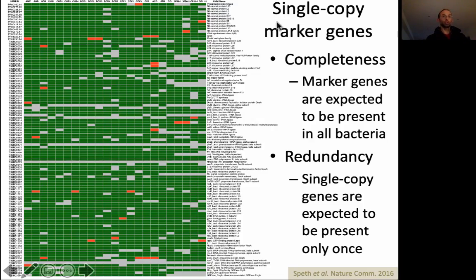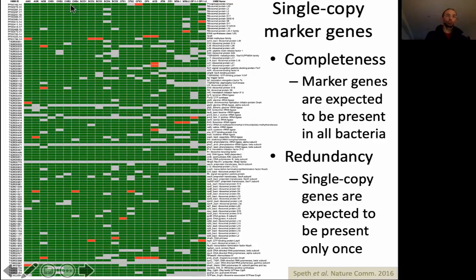Single copy marker genes are genes that are present only once in all known bacterial genomes. So this is based on the genome sequences of bacteria that we have available in the database to date. And there's about 100 genes, most of them encoding ribosomal proteins, that are present in all of these different bacteria.